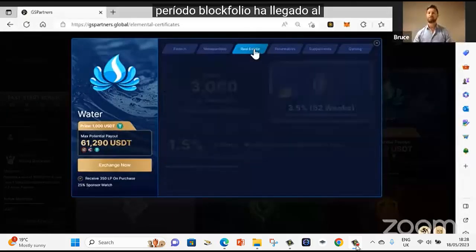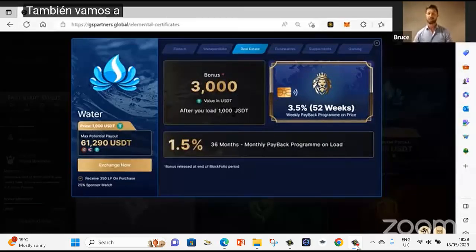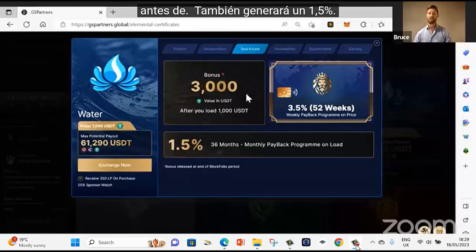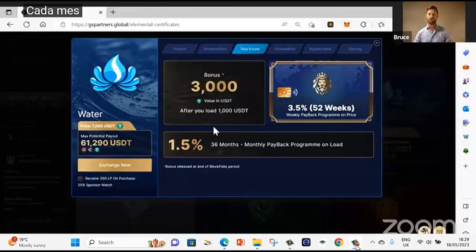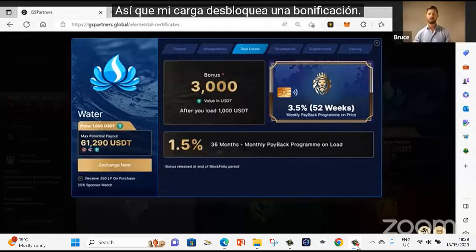We can take it a step further by looking at real estate. If you choose to load 1,000 USDT into real estate, it will issue you with a 3,000 in value bonus at the end of the blockfolio period, which is 36 months long.